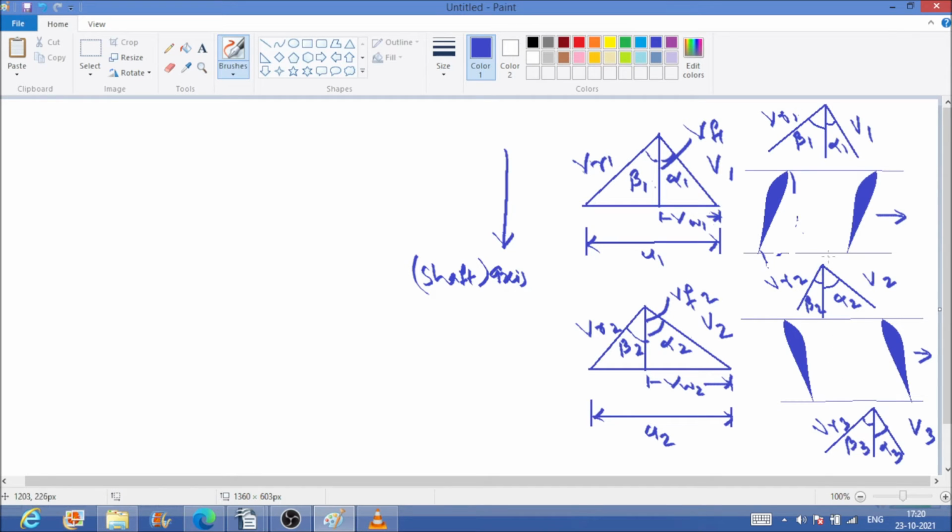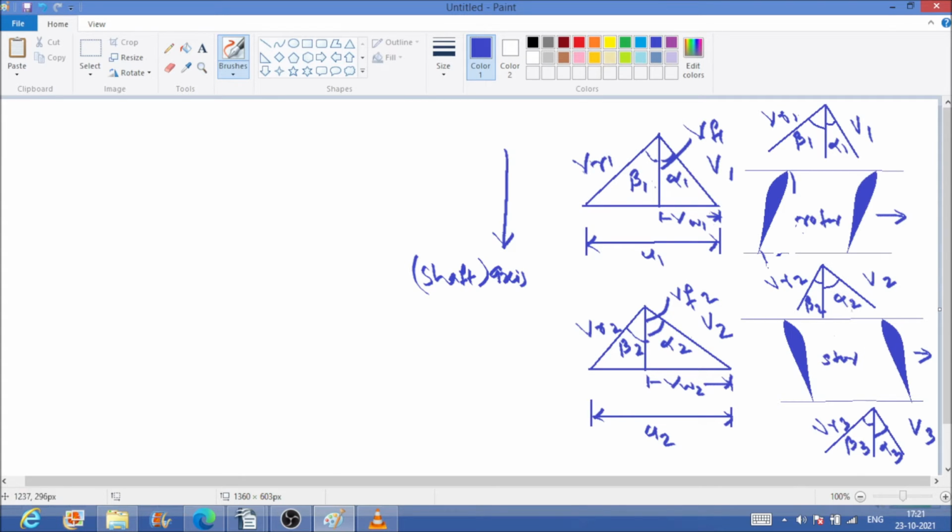This is the outlet relative velocity, vr2, and this is the outlet absolute velocity, which is the inlet to the second. This is rotor, this is stator, and this rotor and this stator comprise a single stage.